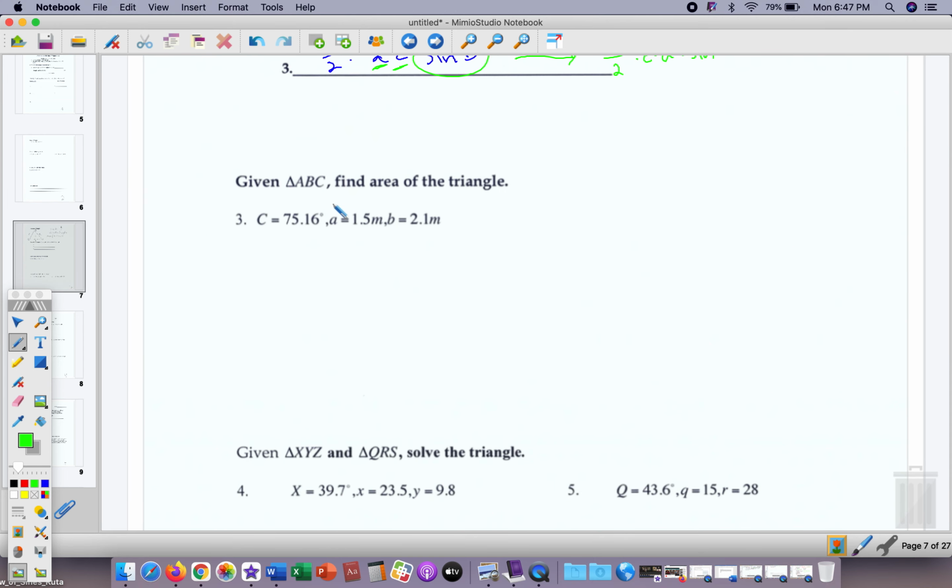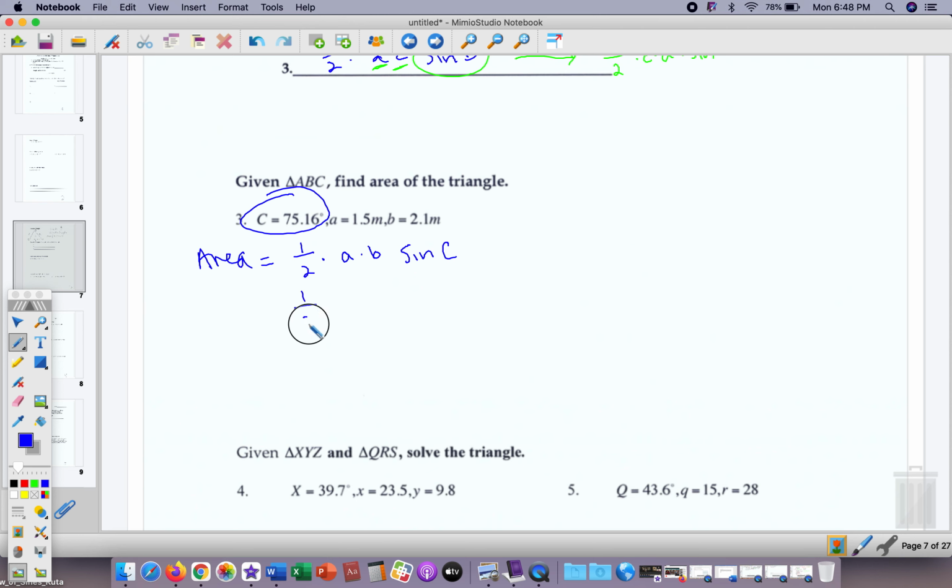So it says find the area of the triangle. Because we're given angle C, we're going to go with the formula written as 1/2. I like to write first sine of the angle, so angle C. So the other 2 letters I need are A and B. So little a and little b.